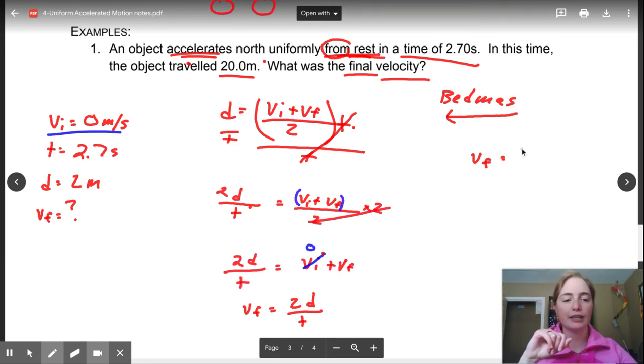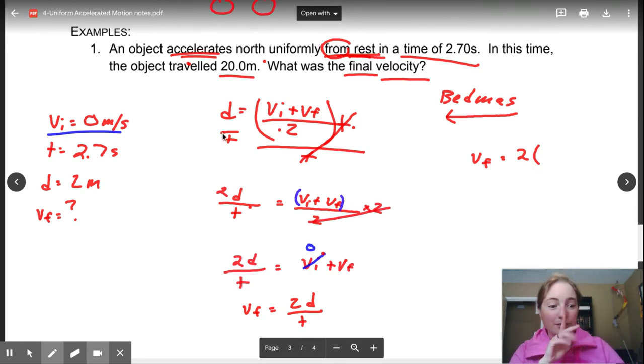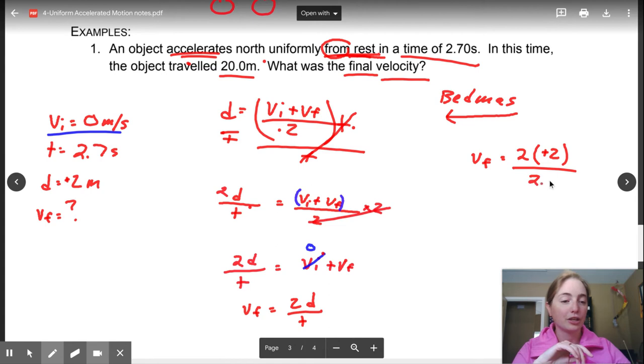So I need 20. And this is where we have to think carefully about our directions. The object is traveling north, and that's positive, so we make sure we have our positive 20. Time is scalar, so we don't need direction for scalar. That's left as positive 2.7 seconds.